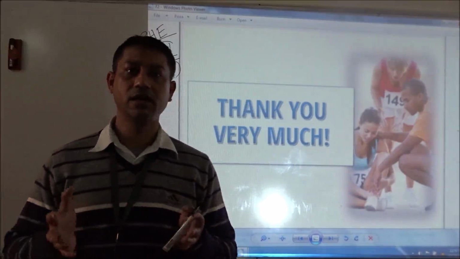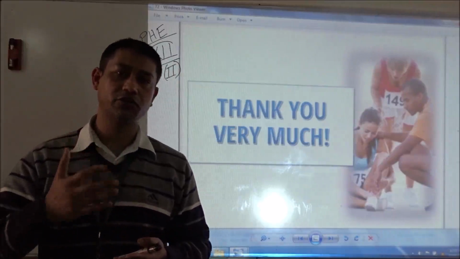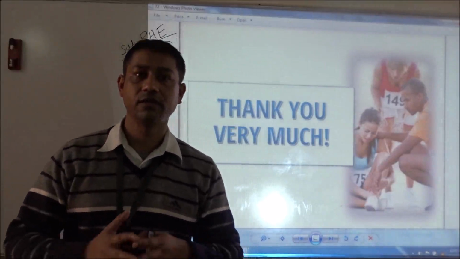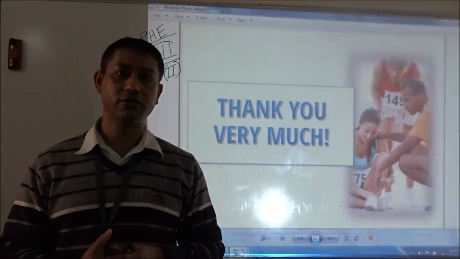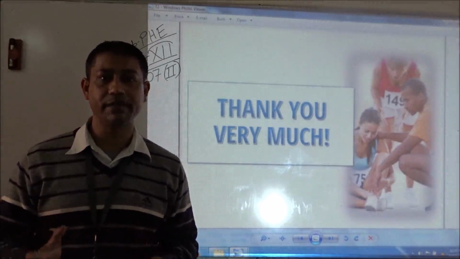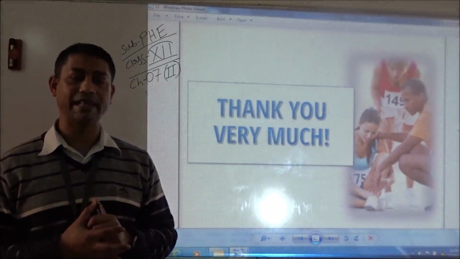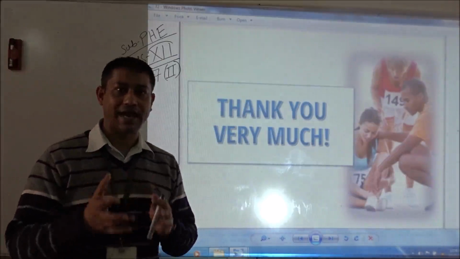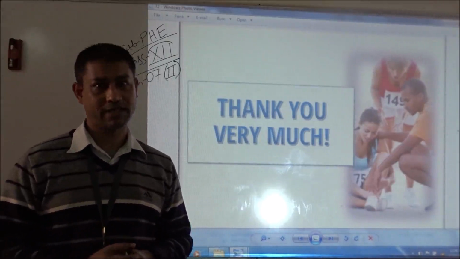We discussed hard injury, soft injury, soft tissue injuries, bone injuries, and joint injuries. Then we discussed the various preventive measures, how we can prevent sports injuries, elaborately. At last, we discussed first aid and its aims and objectives, students.